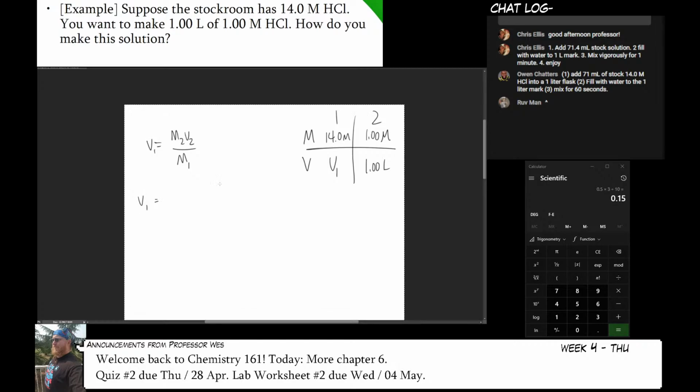So that means that our volume of stock solution would be this result, which will be 1 molar times 1 liter divided by 14 moles per liter. Those cancel out. So 1 times 1 is 1 divided by 14.